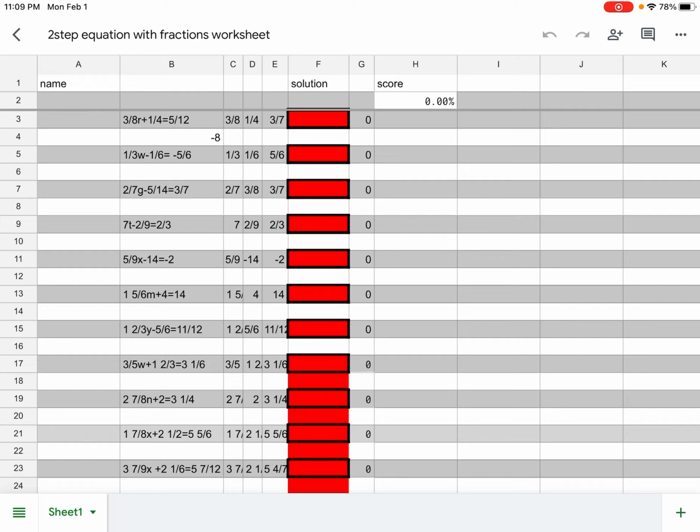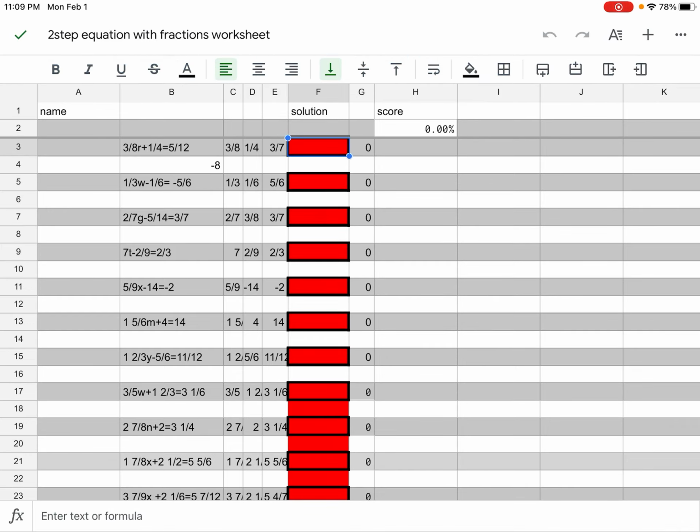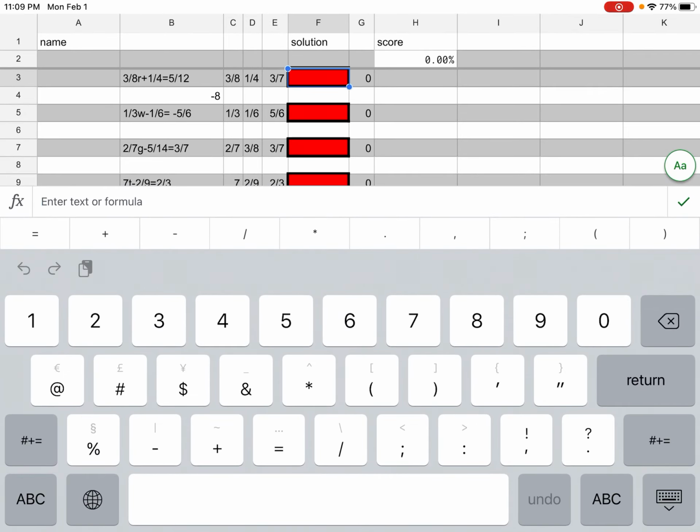So 8 times 1 is 8, 3 times 6 is 18. Then here we should put in equals, and let's see if I can figure out how to do this on the iPad. Okay, there we go. So we're going to put in equals.